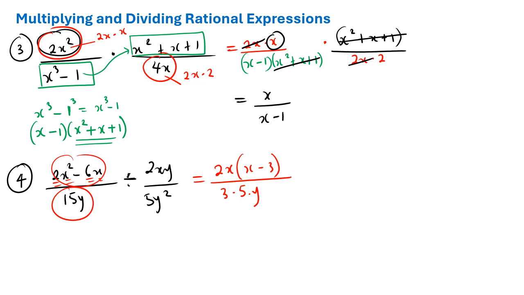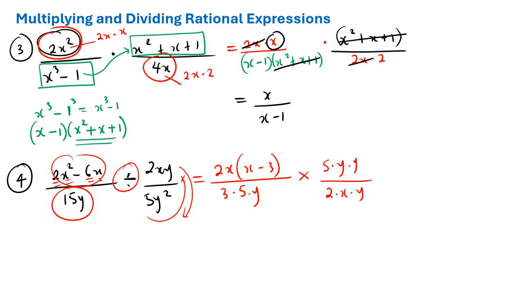Then I have keep, change, flip. So I'm going to change this to multiplication. I'm going to move this up and move this down. Cool. And 2xy goes down to 2 times x times y. Okay, so this is what I get.